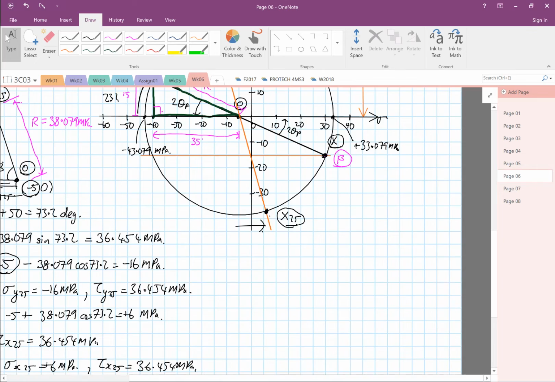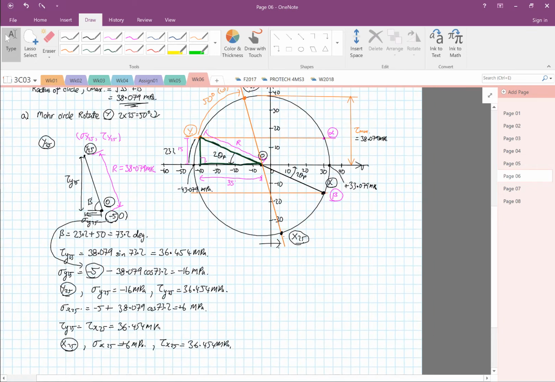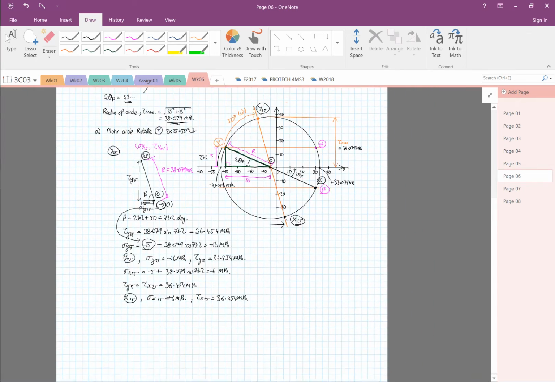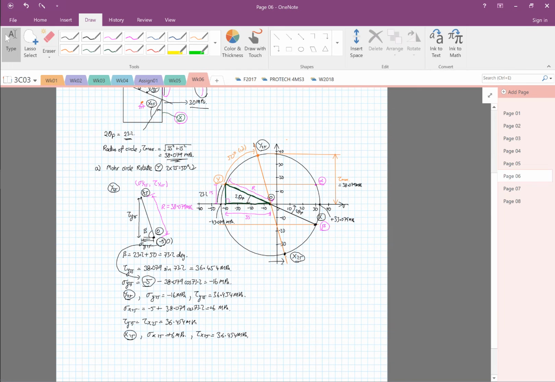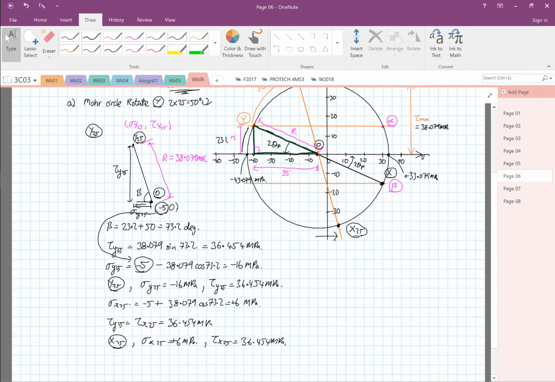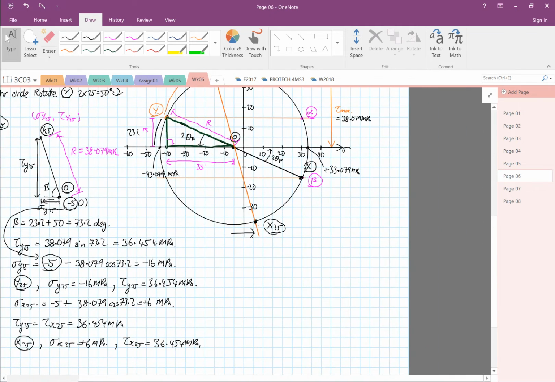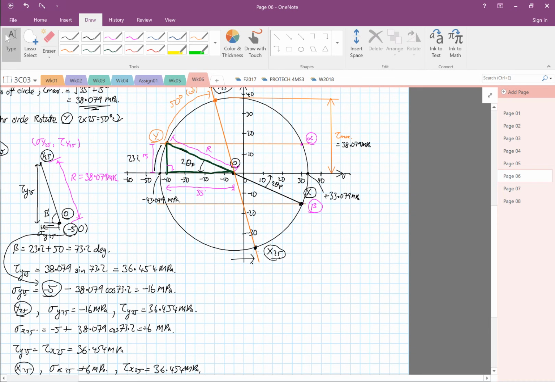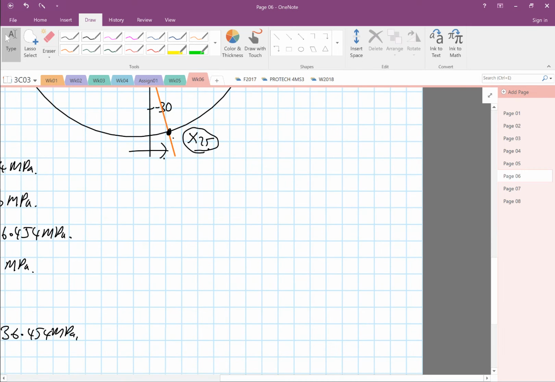Now we have to construct our element. Our element is going to rotate clockwise. This is where you have to pay a lot of attention. I'll draw my transformation first.